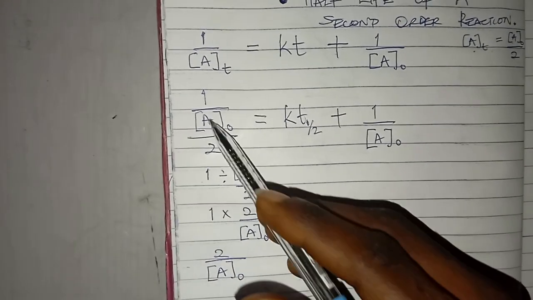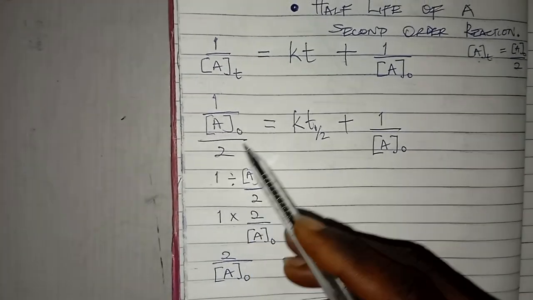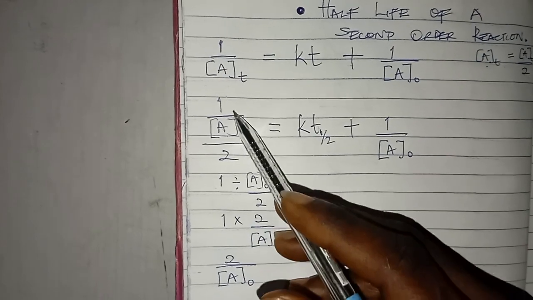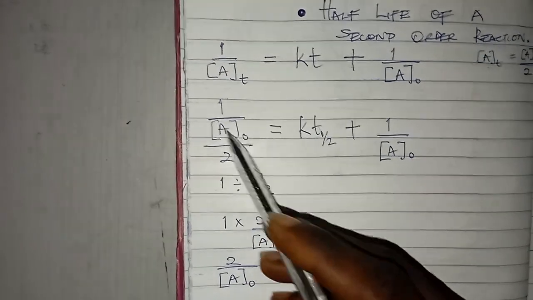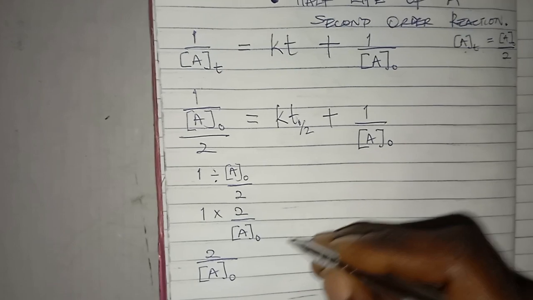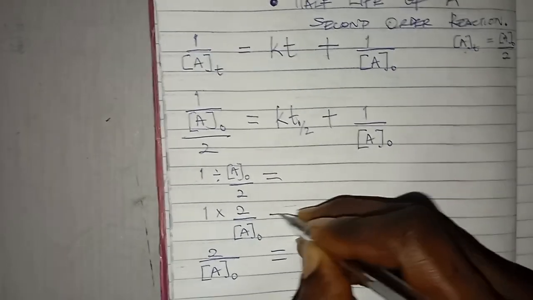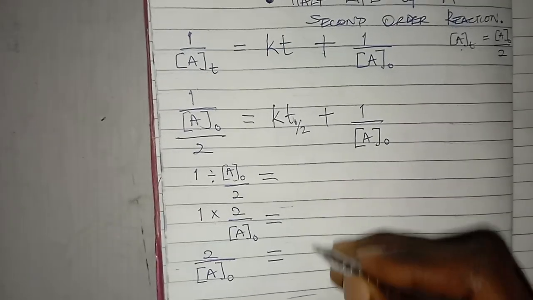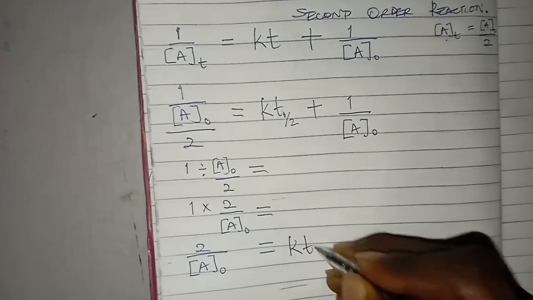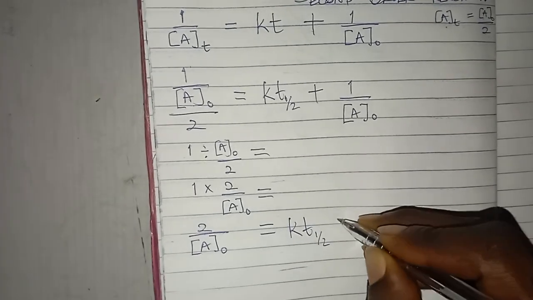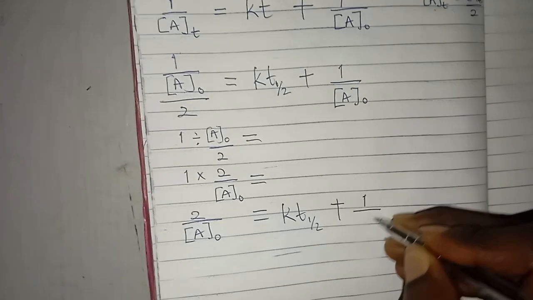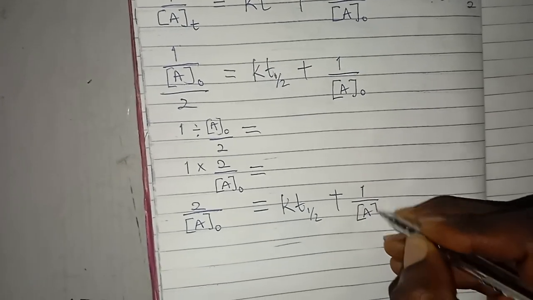So once you see that what you're dividing already has a fraction in it, it means the numerator is being divided by a fraction in this case. So it's all equal to KT half plus 1 over initial concentration.